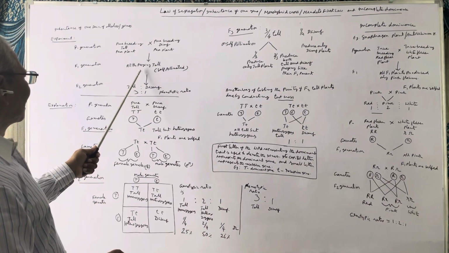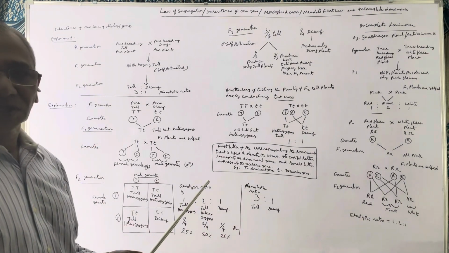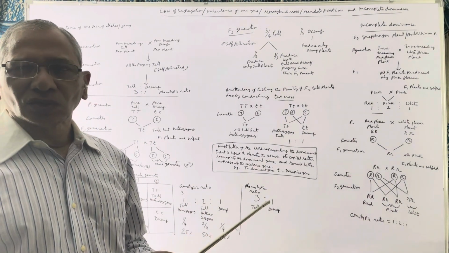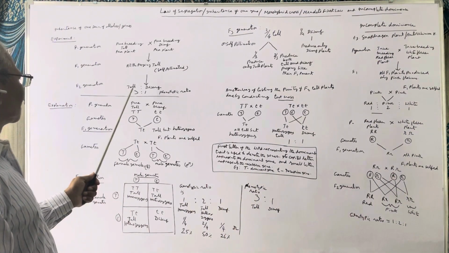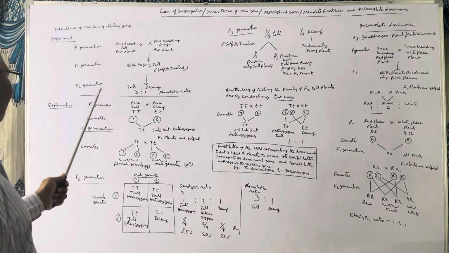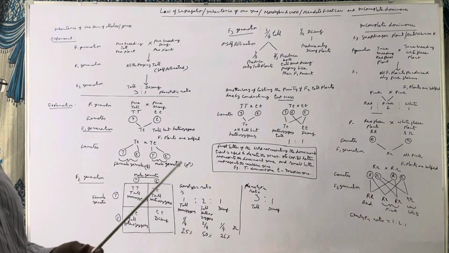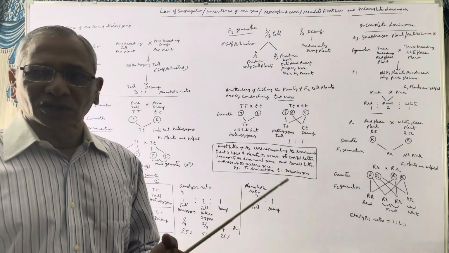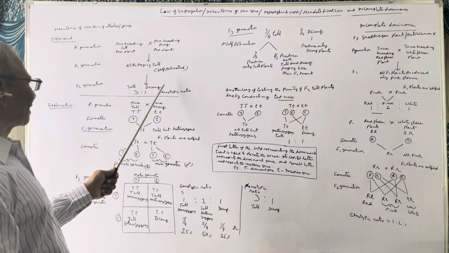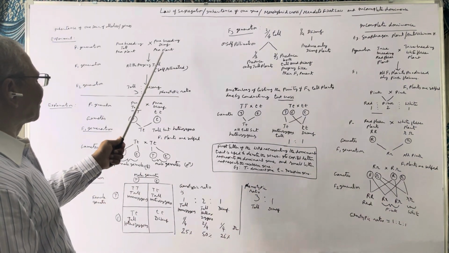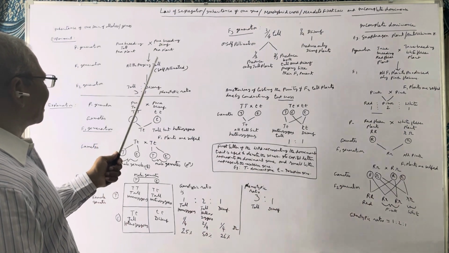Then he allowed the F1 plants to undergo self-pollination. Then what he got? In the next generation, that is in the F2 generation, he obtained both tall and dwarf plants. The dwarf character which disappeared in the F1 generation reappeared in the F2 generation.